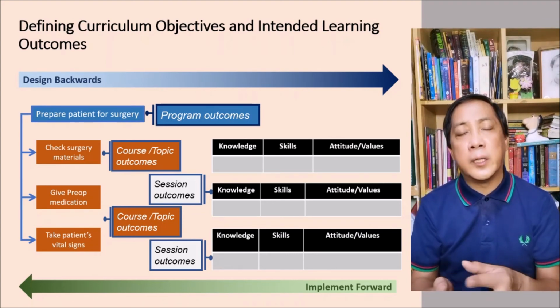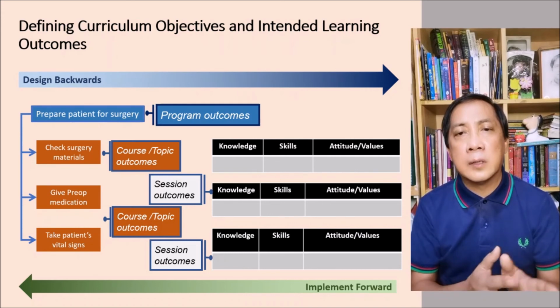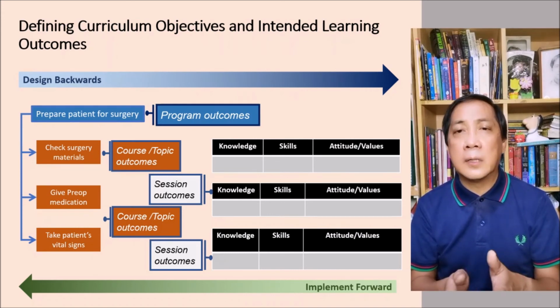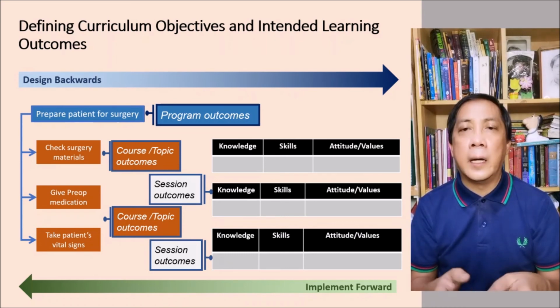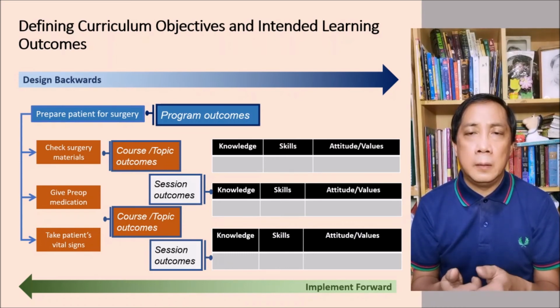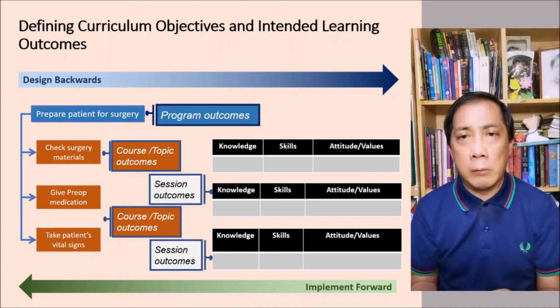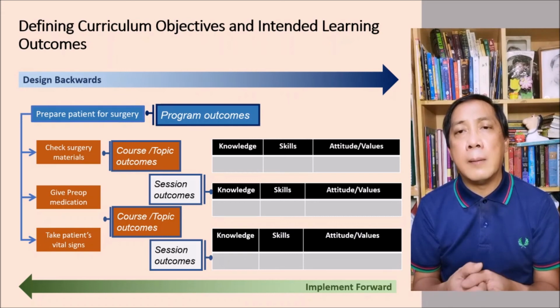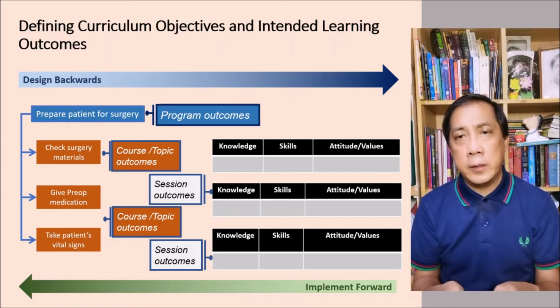If that's your program outcome at the end, then your course topic outcomes will probably be related to designing a community education program for teachers, or planning a training program on oral hygiene for teachers and for students.